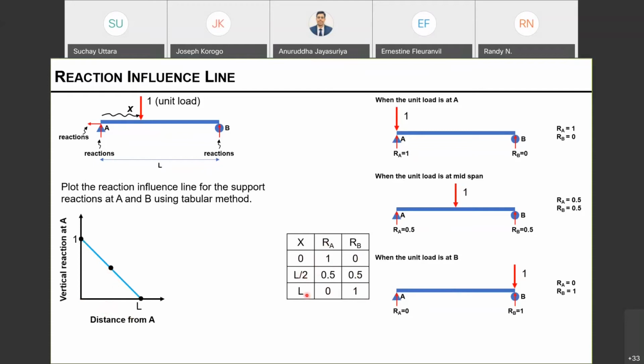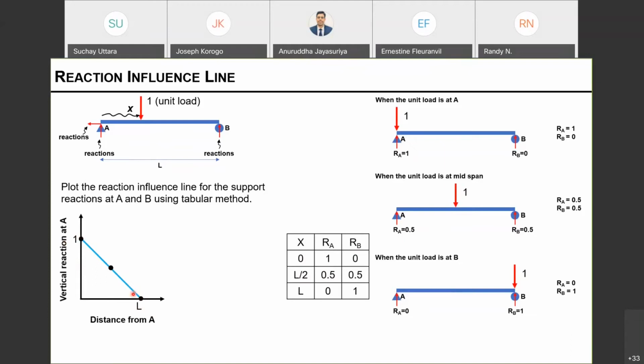And when x equals L, my reaction at A is going to be 0. It's just a straight line going from 1 to 0. So this is called the influence line for the support reaction A, because this is the representation of the variation of the support reaction at A.